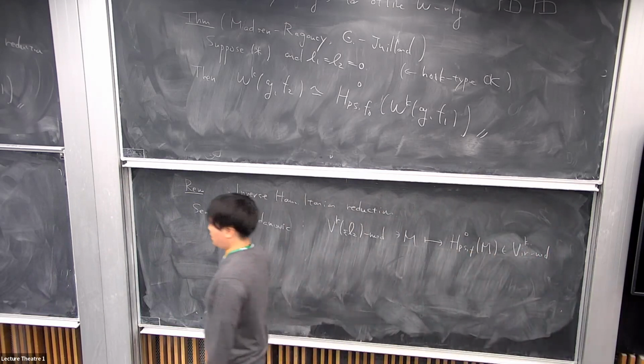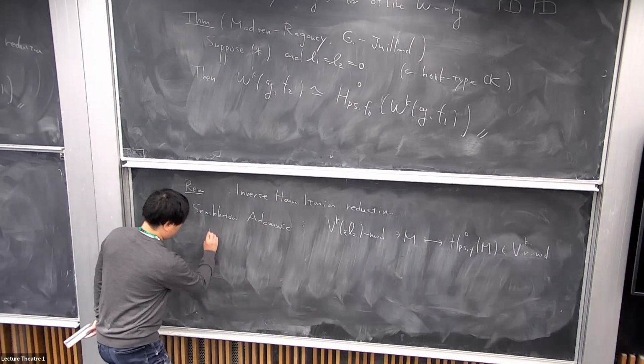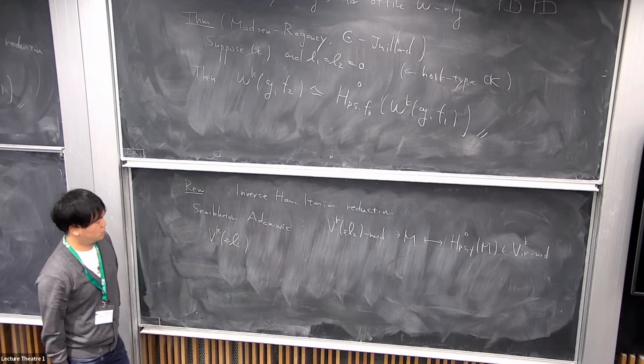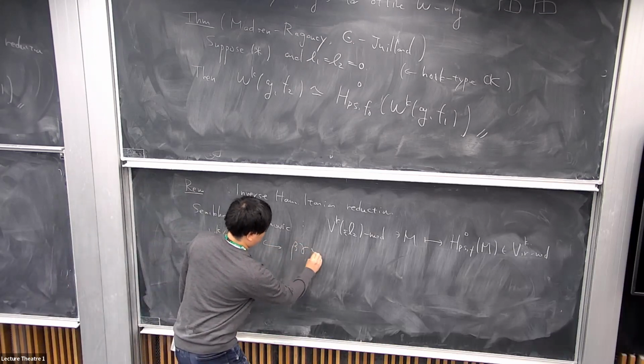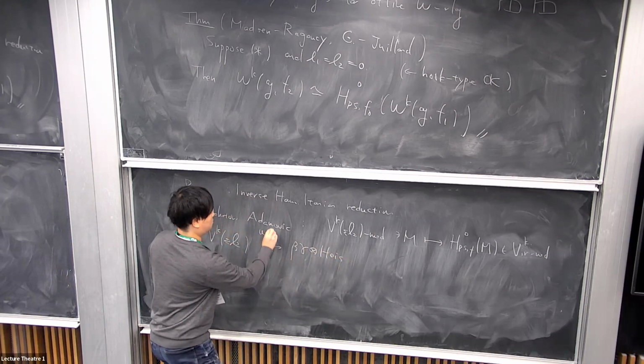But they want to think about the inverse of this procedure. This means that affine sl2 can be embedded in the βγ system tensor Heisenberg. This is called the Wakimoto realization.